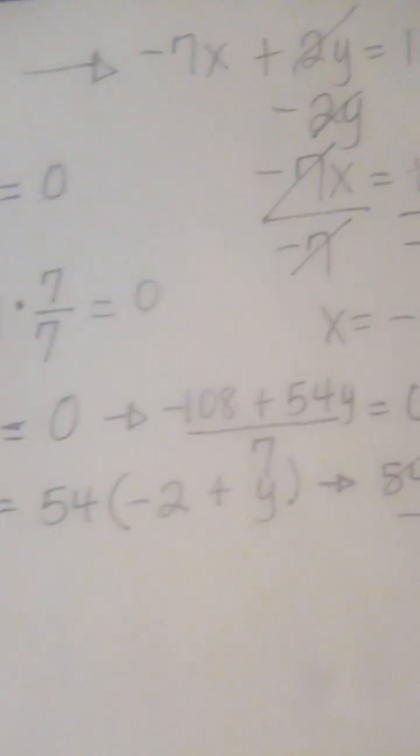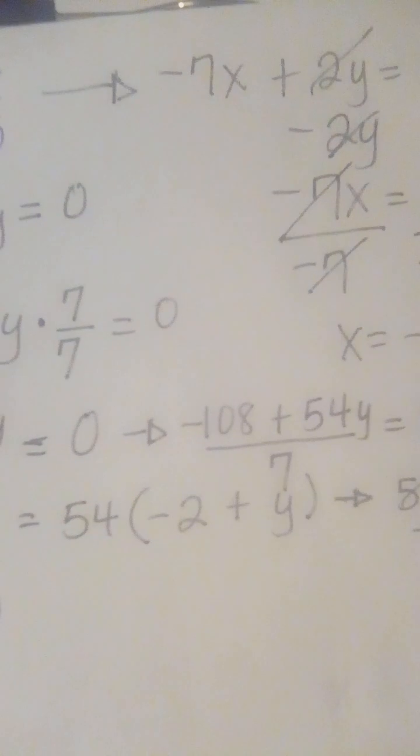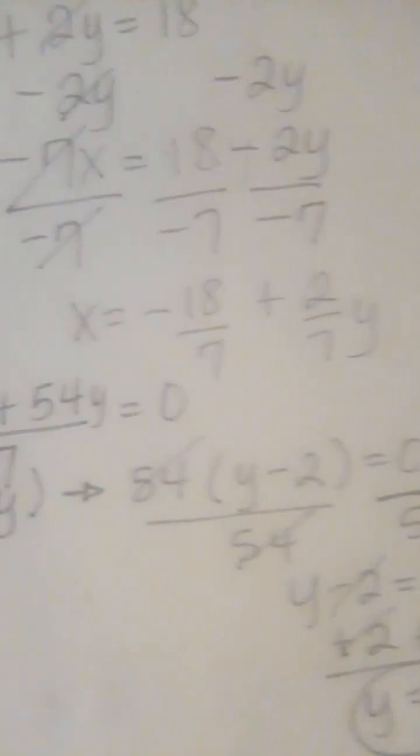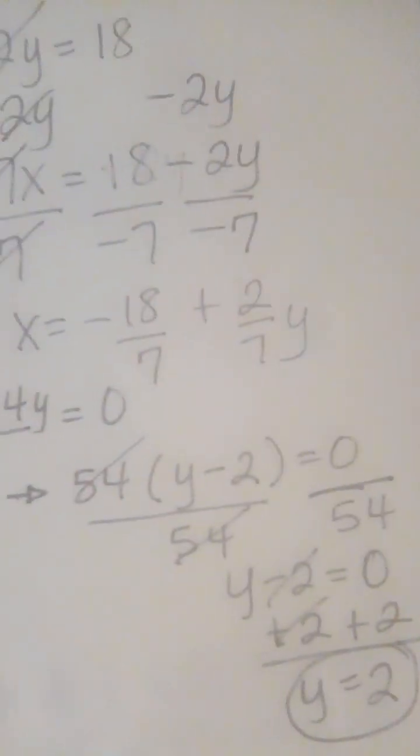Then we have to factor out the 54 by itself. We got 54 open parentheses y minus 2 equals 0.